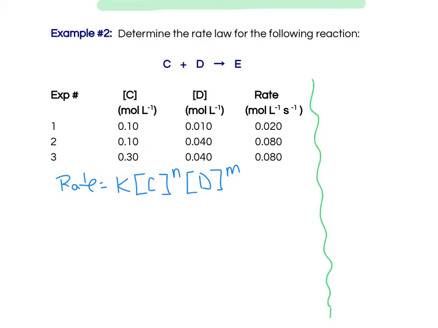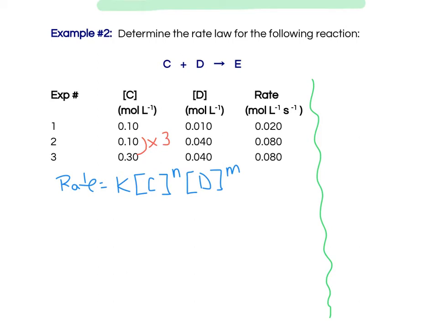And let's take a look at our data. So again, I want to look at how the effect of changing one reactant affects the rate while the other reactant's concentration is stable. So it appears to me that between experiment 2 and 3, I can see that the concentration of C is tripling.